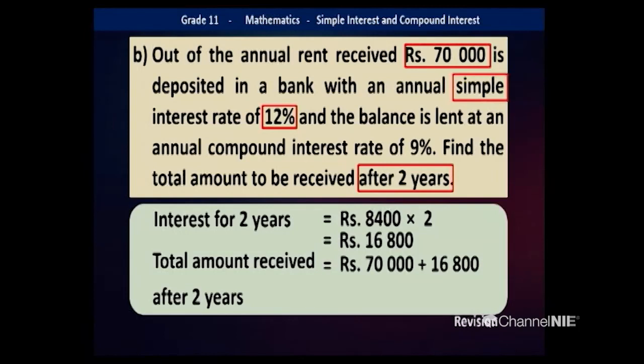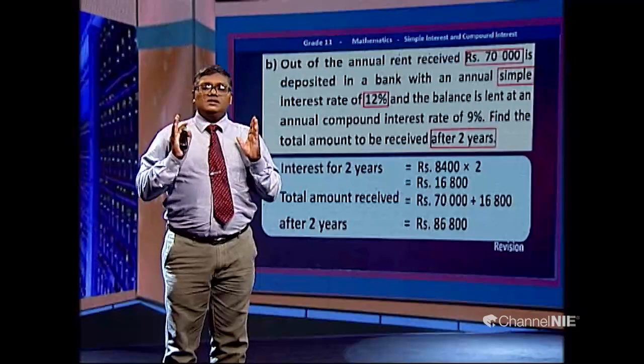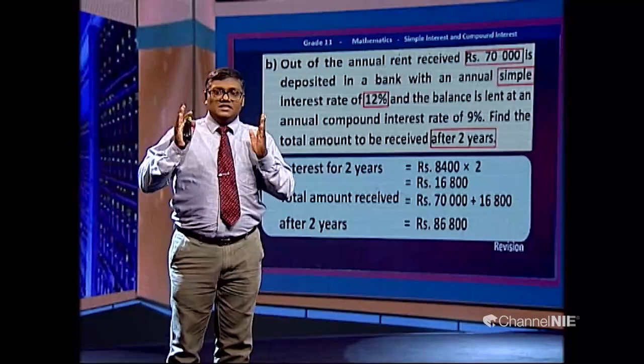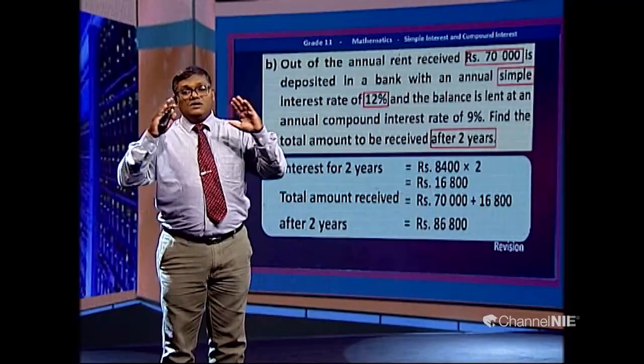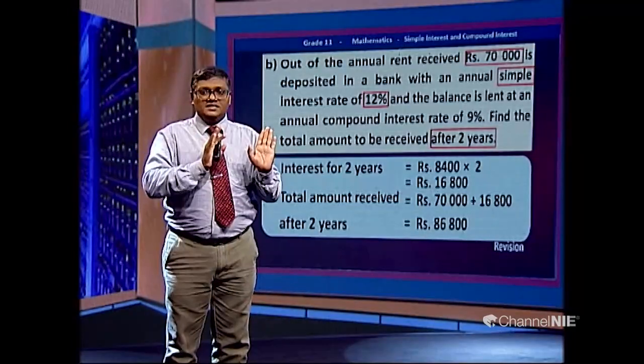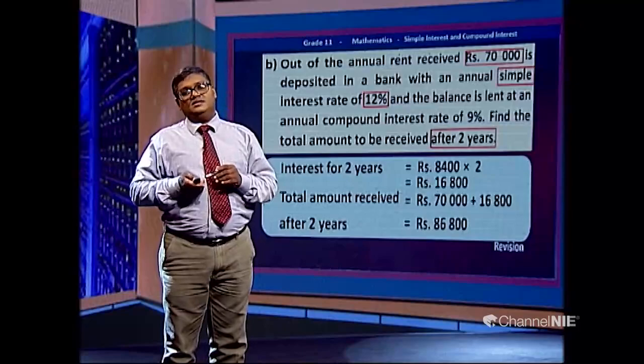The total interest for the 2 years 16,800. Altogether it is 86,800. Now that part is over. 70,000 plus total interest for the 2 years, altogether it is 86,800. Now we go to the second part of the question.